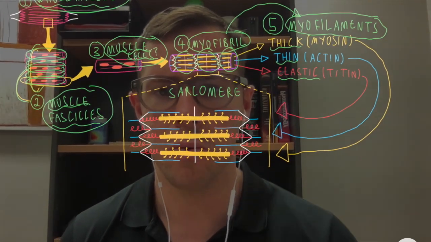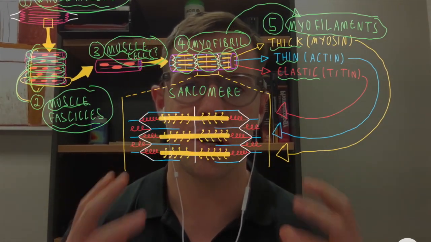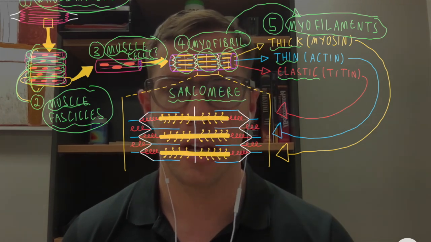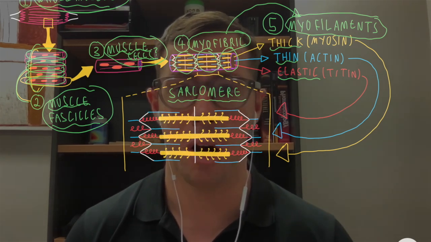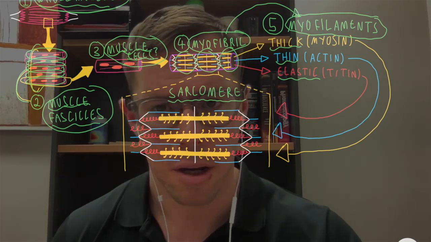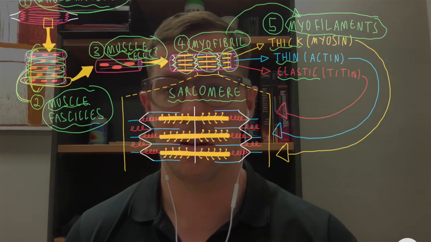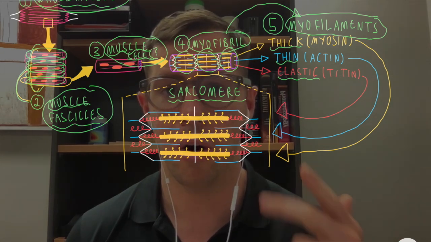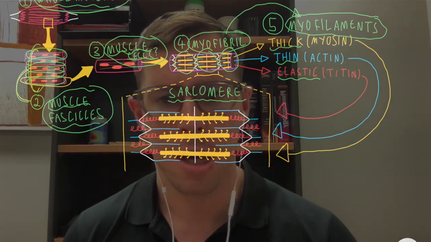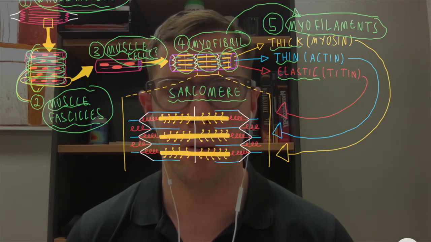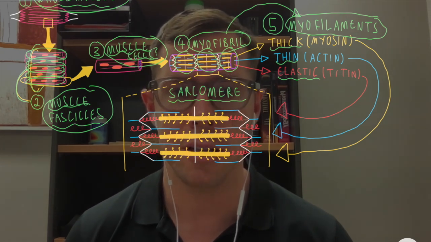Let's zoom into one sarcomere to better visualize its individual components and to better understand myofilaments. Now, as I mentioned before, myofilaments can either be thick, thin, or elastic. Thick filaments are primarily composed of myosin proteins.